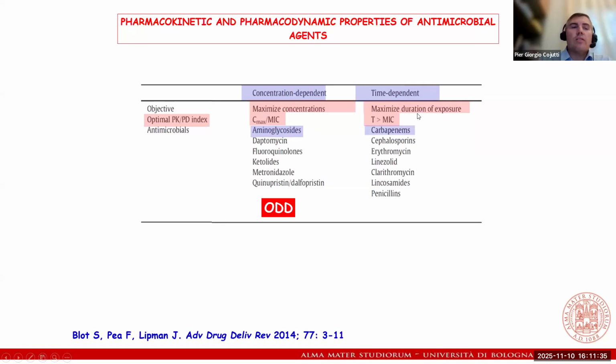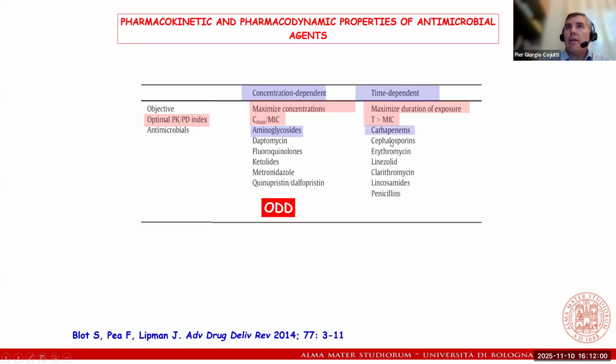The other group of antibiotics is the so-called time-dependent antibiotics, of which beta-lactams, of course, are the main representative. And the killing mechanism here is completely different. It depends on how long the antibiotic concentration remains above the minimum inhibitory concentration of the pathogen during the dosing interval.